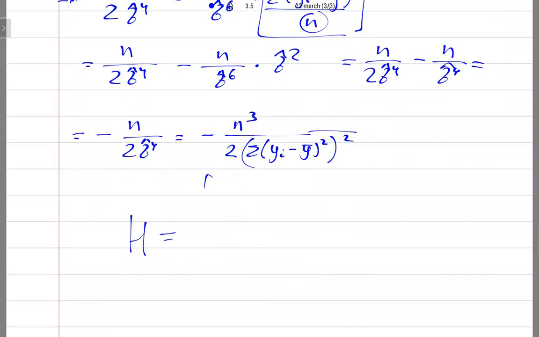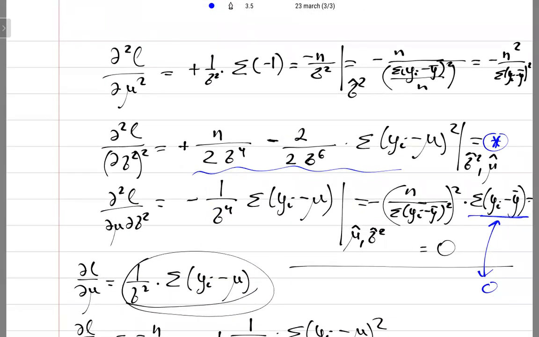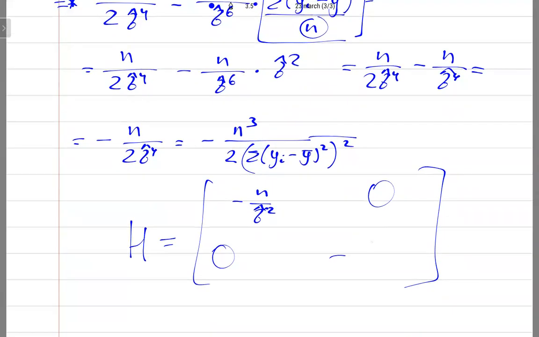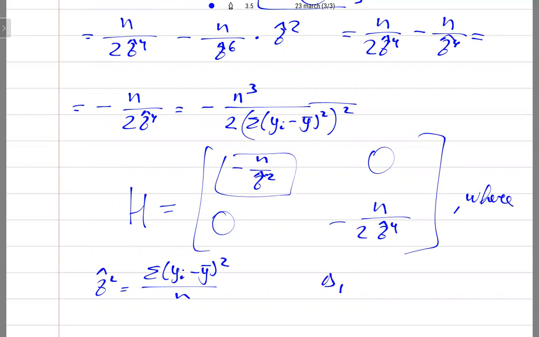Okay, let's write the Hessian matrix. The Hessian matrix is very simple. It's diagonal in this case. It is minus n over sigma squared, and here we have minus n over 2 sigma to the power 4. I will write it in a more compact form, where sigma squared hat is the sum of deviations squared over n. Okay, if I use the second order condition, delta 1 is minus n over sigma squared hat, it's negative.